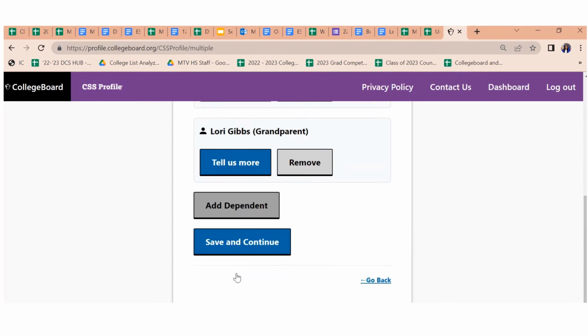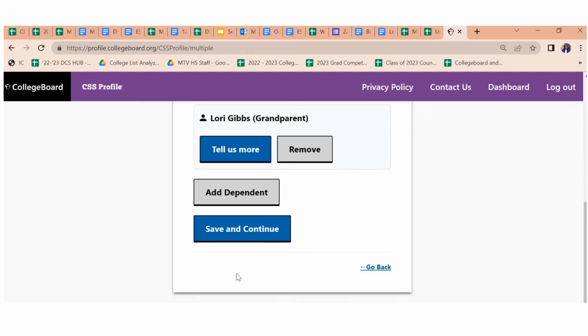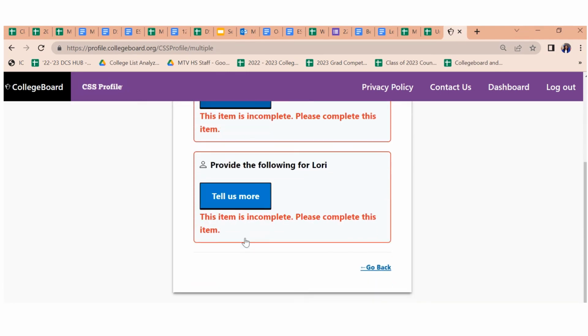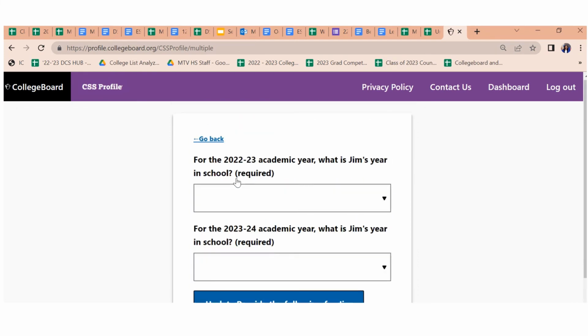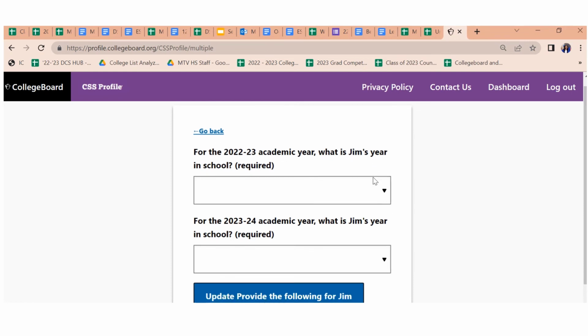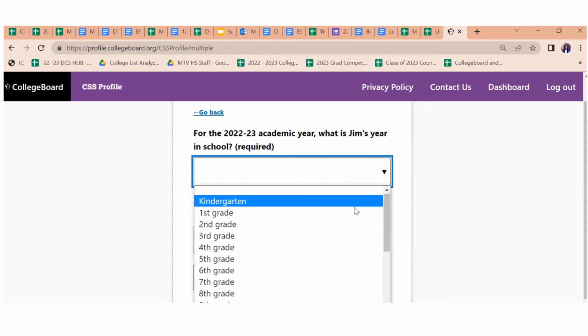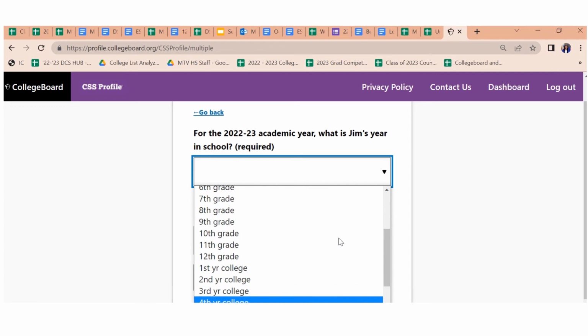And once you have entered all of your dependents who are living in the home other than the student and the parent, you will save and continue. And they will ask for some additional information for each dependent. So in this case, it's asking what is the brother's year in school, and you can go through here and enter that.